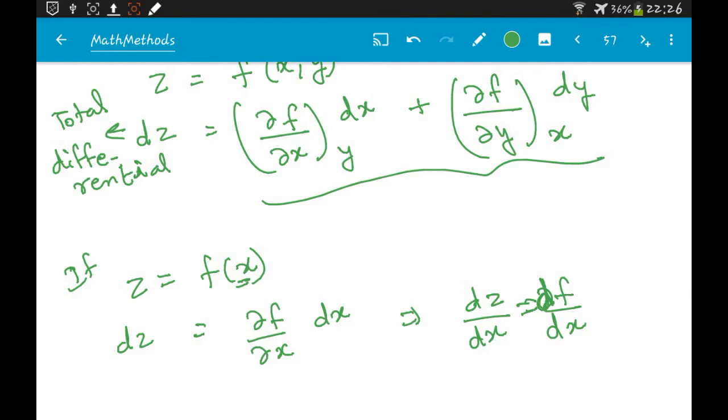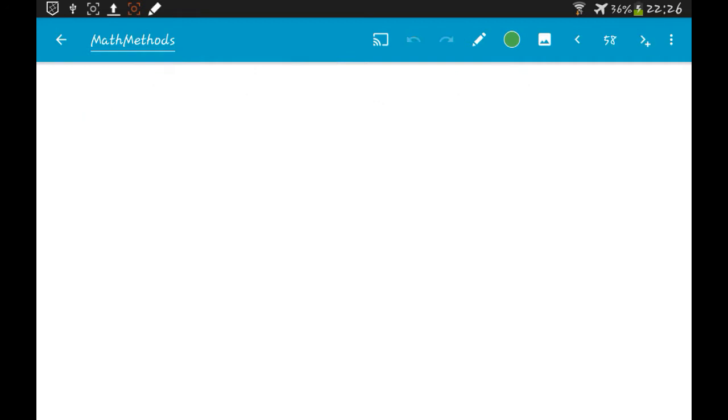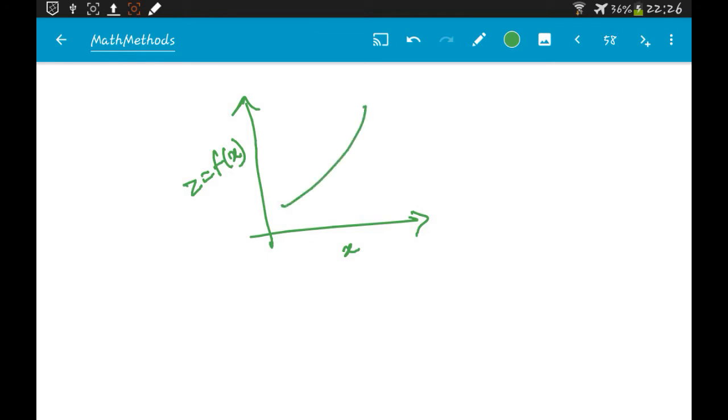So what does this dz by dx actually mean? Let's go here. On an axis we have z, which is equal to f of x, and we have x, and let's say we have a curve. Now dz by dx actually represents the slope.